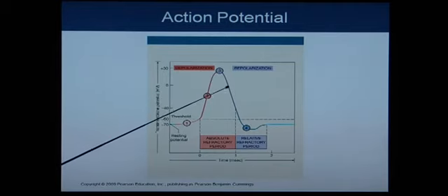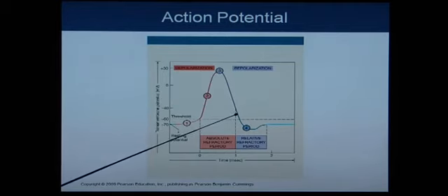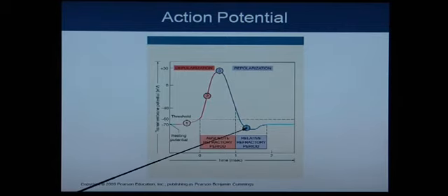This caused us to drop or repolarize, and we overshoot a little bit, so we ended up around negative 90, and this was our refractory period, a period of time that we cannot be stimulated in this neuron. After the refractory period, we're back to negative 70, ready to have another fire of the neuron, or action potential.